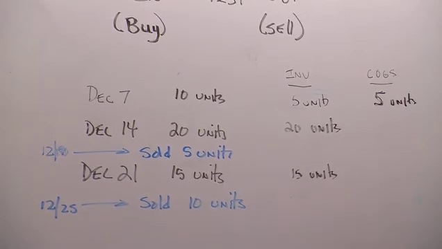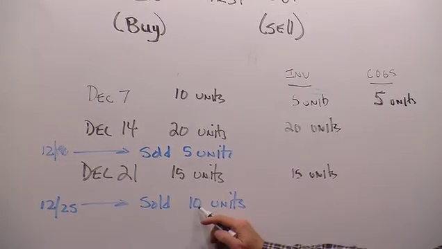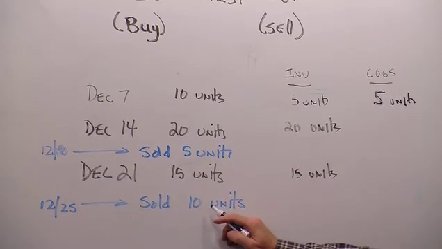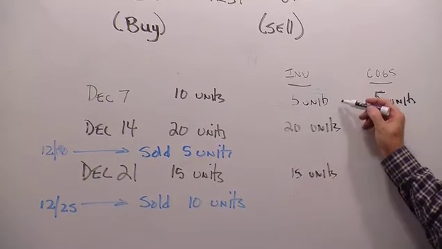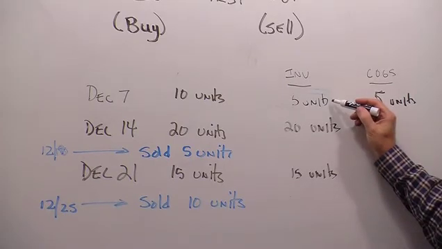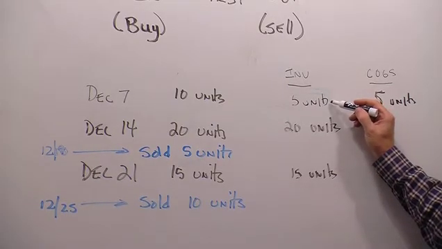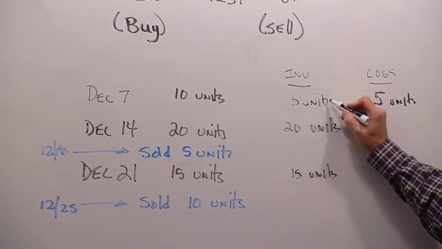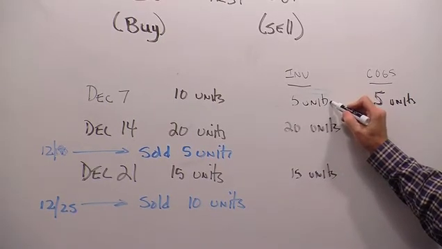Under FIFO, where do these 10 units that go into cost of goods sold come from? Well, let's take a look. First in is the first to be sold. So of these 10 units, 5 have got to come from this beginning lot right here.